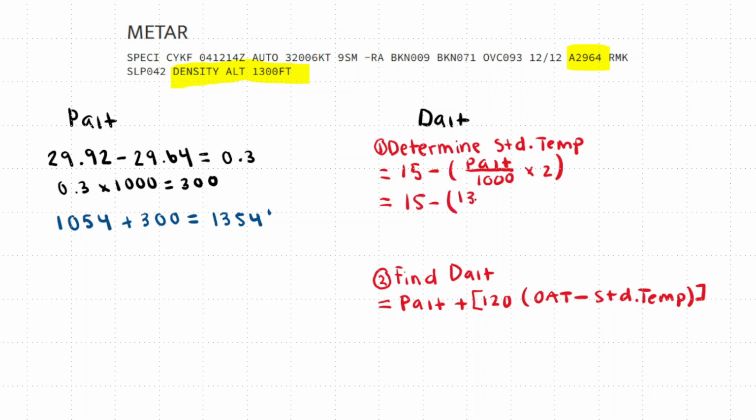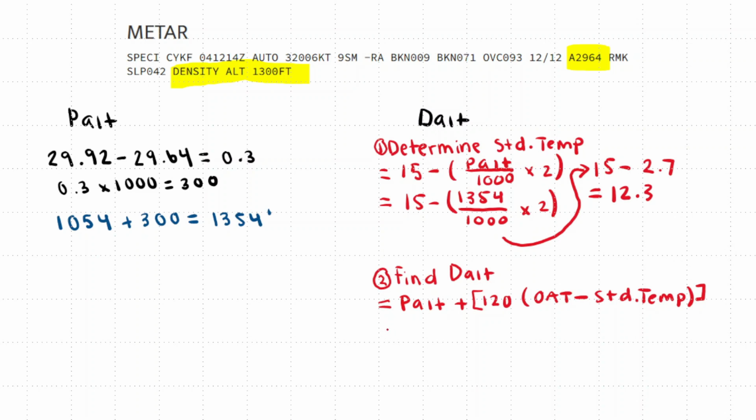So our pressure altitude is 1354, and then we divide that by 1,000 and multiply by 2. But from this, we get 15 minus 2.7. Okay, so 1354 divided by 1,000 times 2 is 2.7. And our final answer here is 12.3, so that's going to be our standard temperature.